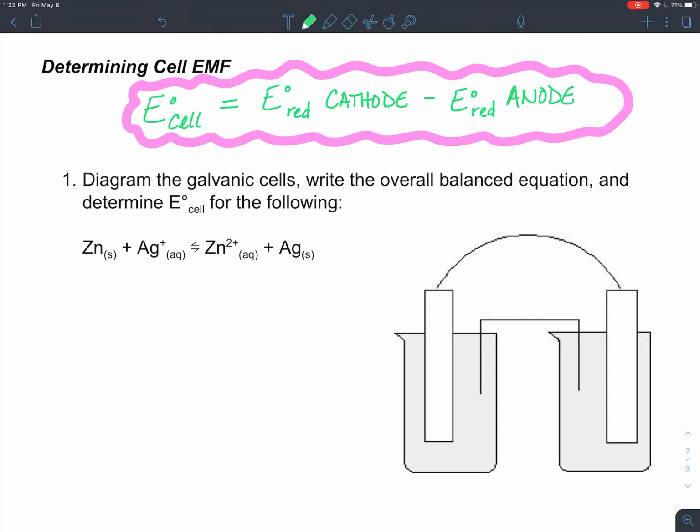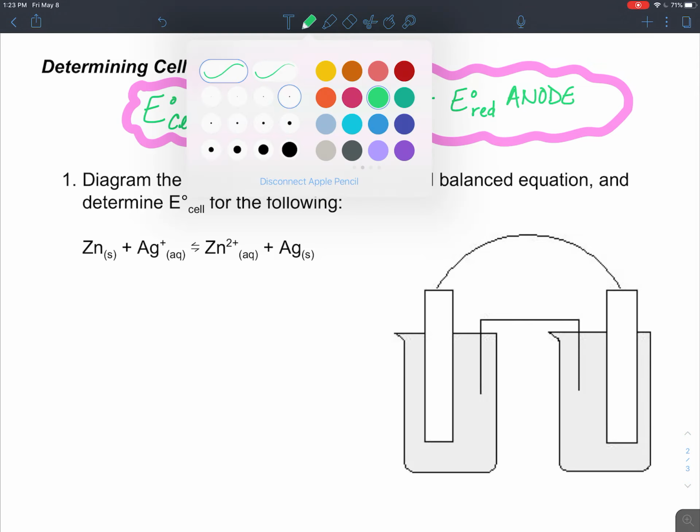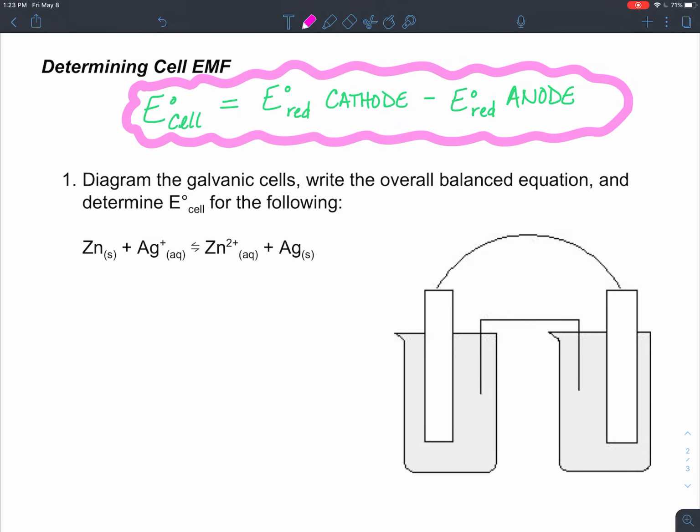Okay, so let's take a look at this first problem. It says diagram the galvanic cells or cell, write the overall balanced equation and determine the cell potential for the following. So we have this reaction that's going to be occurring and we want to know how to take a look at this. So let's split this into half reactions. Okay. We see that zinc is on the left-hand side. So we're going to have our Zn, and then on the right-hand side we have the zinc ion.